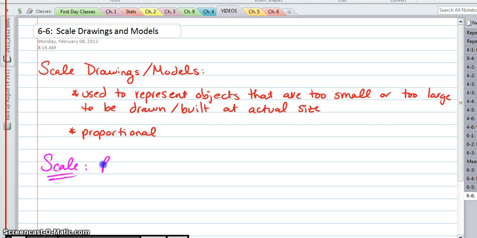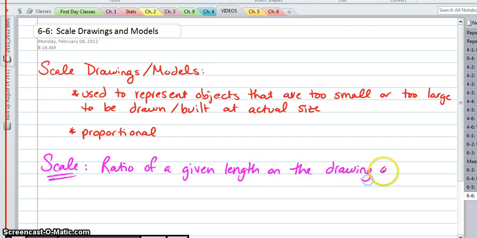So again, it is the ratio of a given length on the drawing or model to its corresponding length on the actual object.